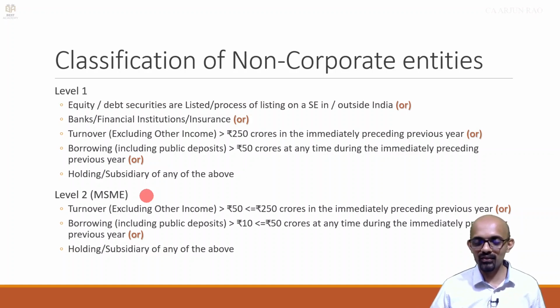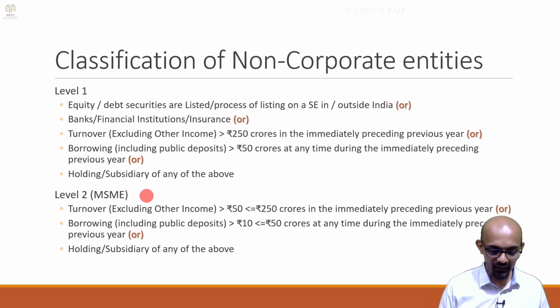But as we discussed, ICAI can of course take various steps to encourage implementation of accounting standards, but unless the law mandates it, practically it becomes difficult to enforce. We discussed that earlier. So that was level 2. Now similarly we are going to see level 3 criteria.